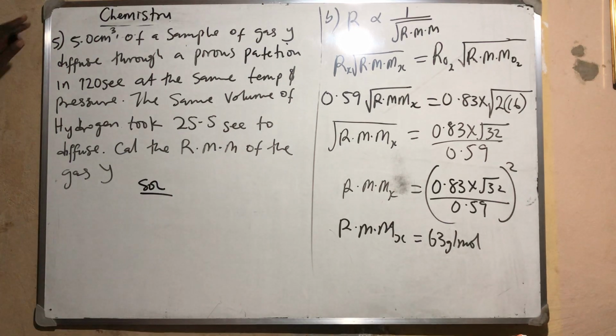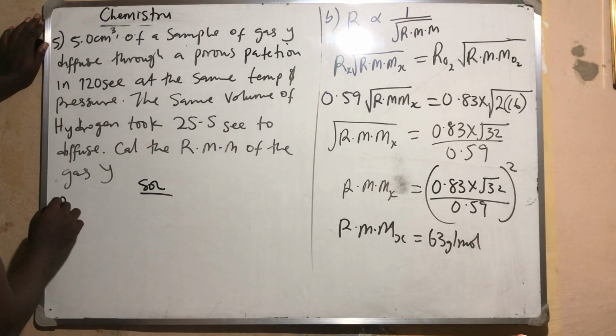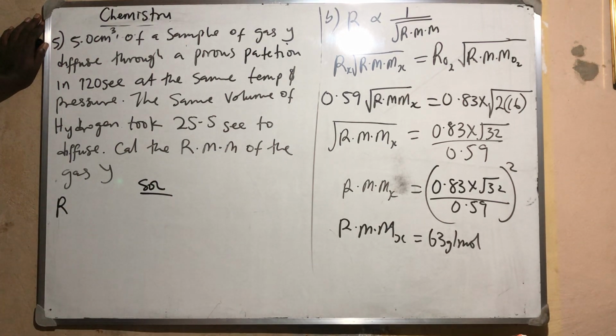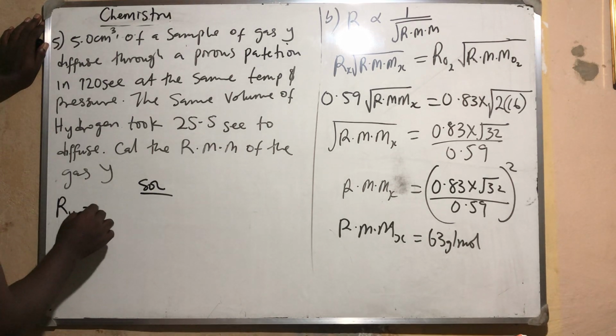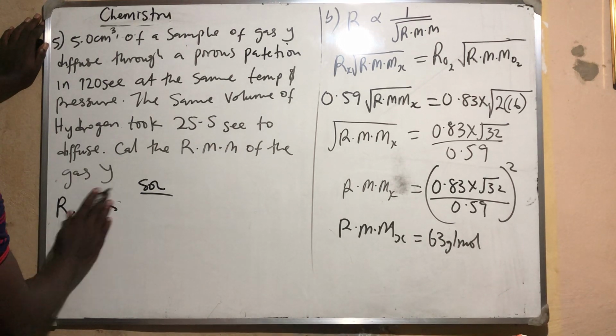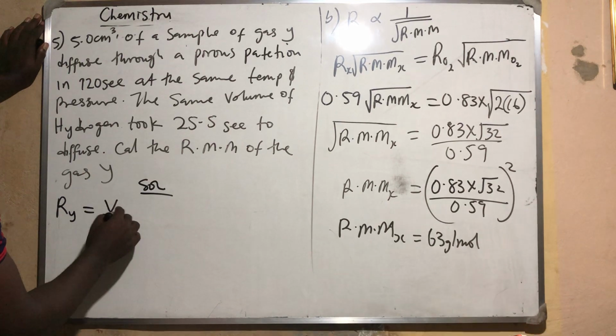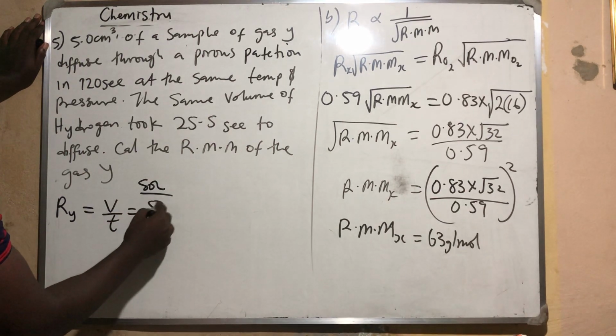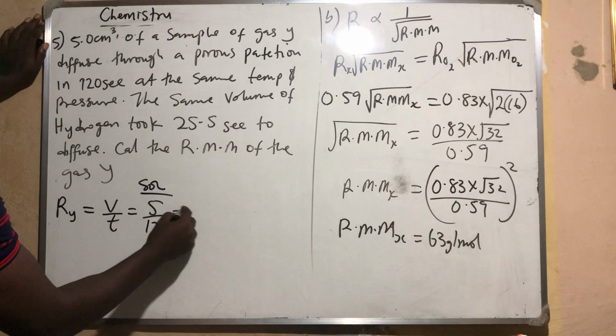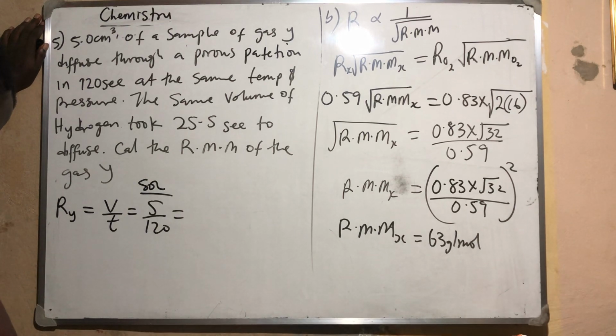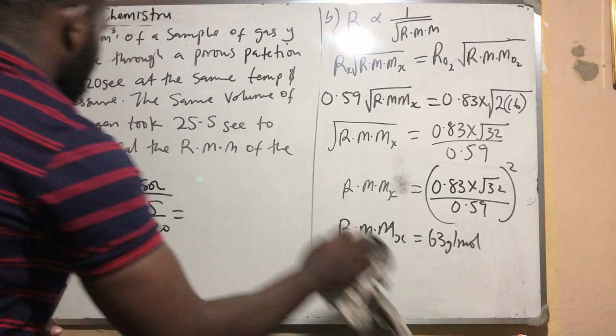So first of all, the rate of diffusion of gas Y is equal to volume over time, which is 5 divided by 120. But if you don't want to use this long process, we can just use their time.